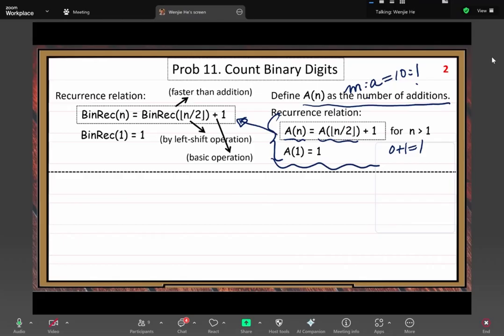Any particular part you feel a little hard to work? How about this floor function? Does that floor function make it hard to work? Yeah, because the floor function, we feel hard to control.